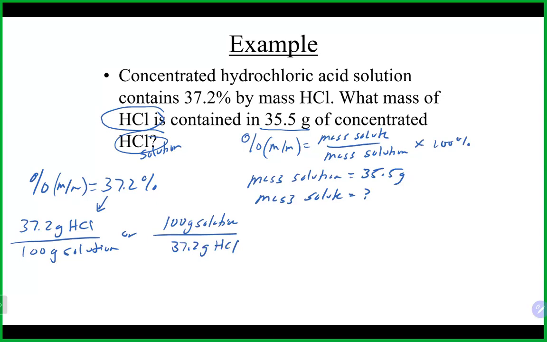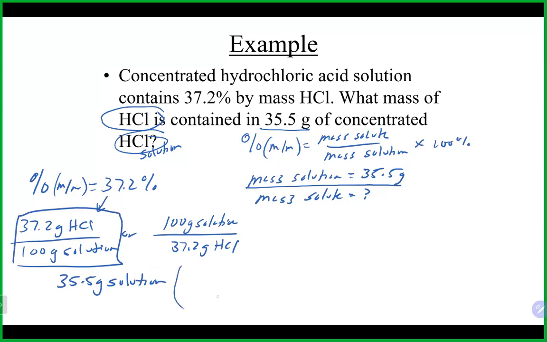By doing it this way, we could just take our 35.5 grams of solution and do a dimensional analysis where opposites cancel. So we'll use our conversion factor there on the left. Then we don't have to worry about remembering the equation too much or rearranging it incorrectly. We could just do it like that.